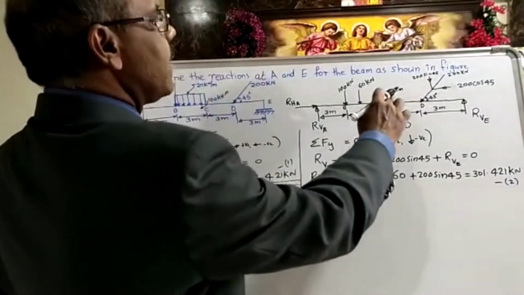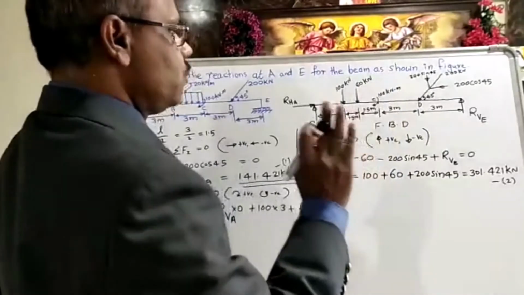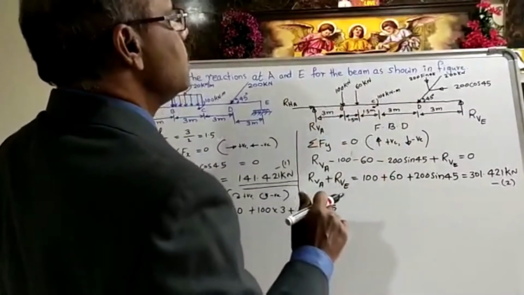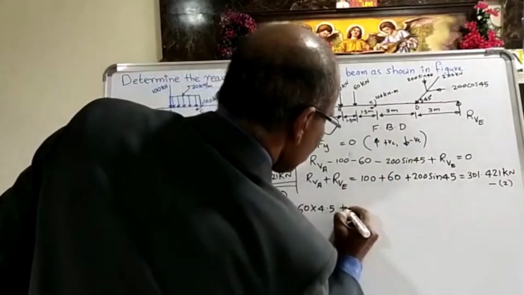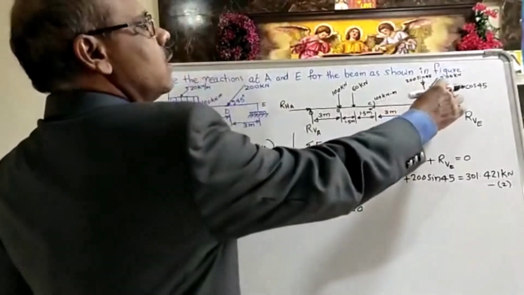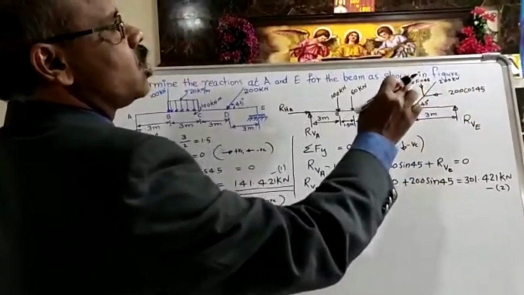Then we are having a couple. That as such we can write because it is already given in kilonewton meter. That also is clockwise, so it will be 100. Then we are having 200 cos 45. What is the effect of 200 cos 45?